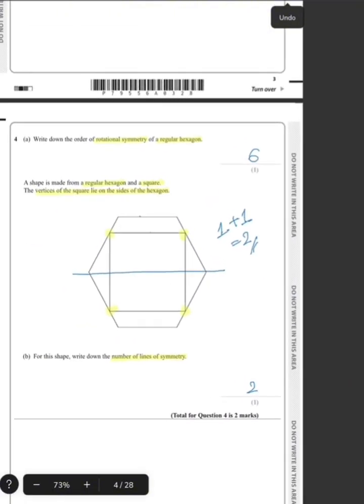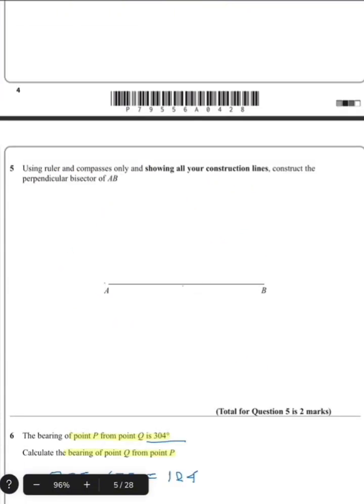I hope this information helped. Let's read out the question before we solve it. Using ruler and compasses only and showing all your construction lines, construct the perpendicular bisector of AB. Before we solve it, let's remember what perpendicular and bisector mean.